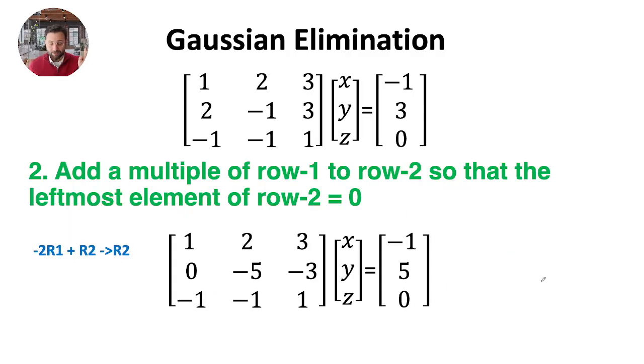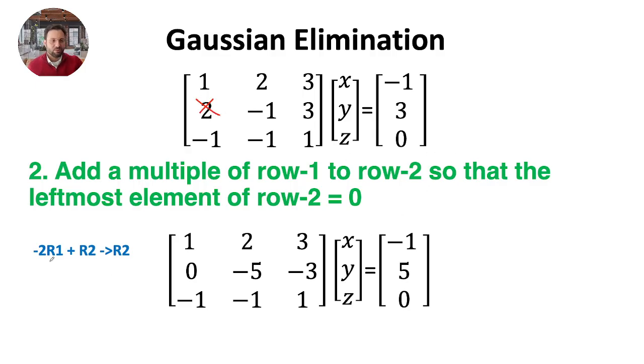So that said, the second thing that we need to do: add a multiple of the first row. That's why we made it 1. Add a multiple of the first row to row 2, so that the leftmost element of row 2 is 0. So this is the thing that I'm trying to lose in my next step.